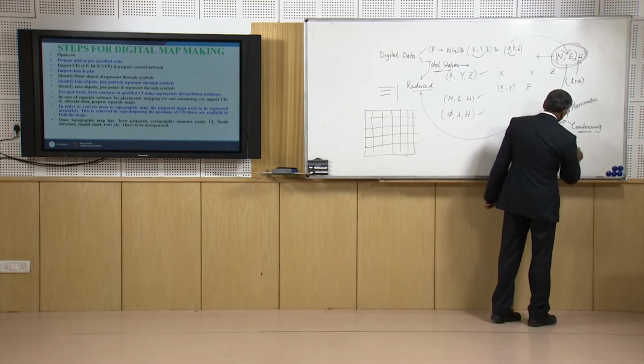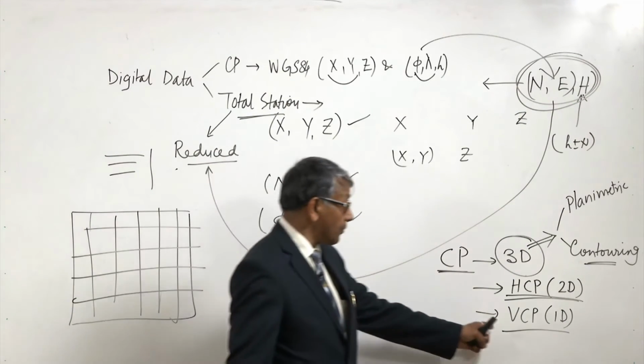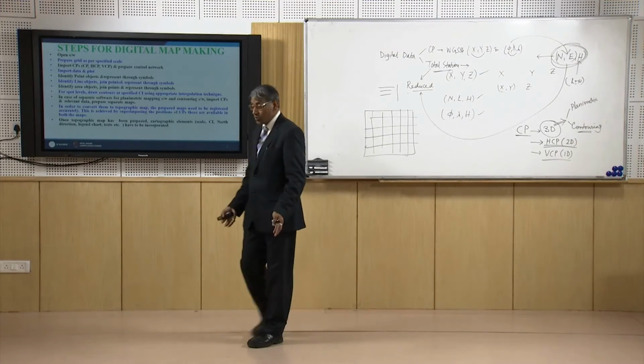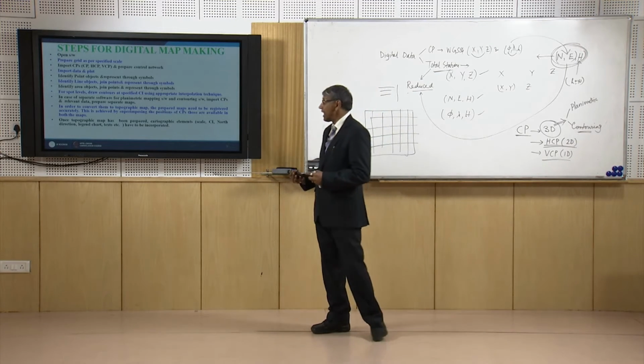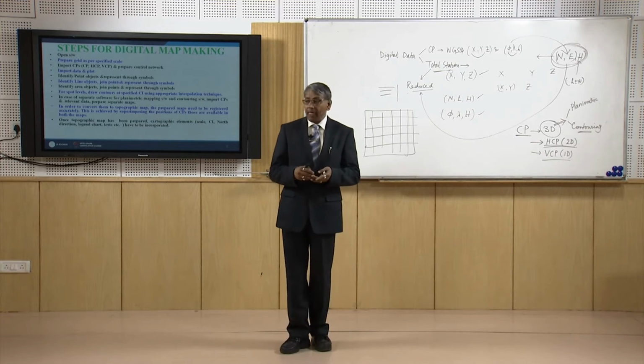Otherwise, if there are some points which provide us a horizontal control point or vertical control point, that has to be noted down, and all those control points have to be imported to the software through the import module.